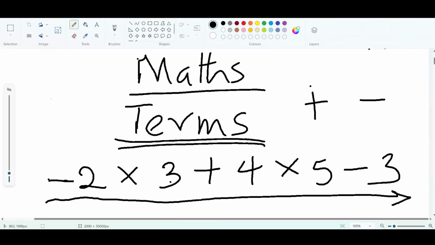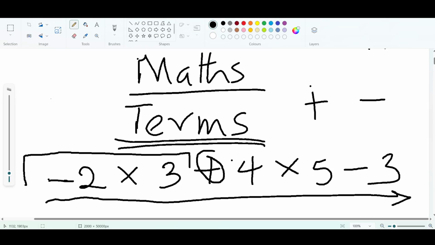So this minus 2 and 3 are within a term until we come to the positive sign. The moment we come to the positive sign, that term has ended. So this particular point is where the holiday is happening. Whenever we come across the plus sign, that is where the holiday is happening.